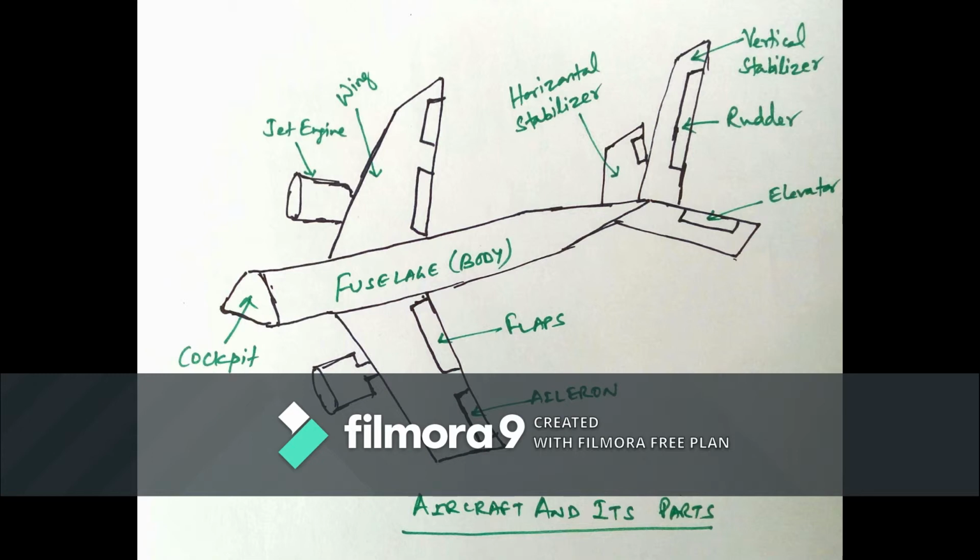For example, suppose this aileron is on the left wing structure. If this aileron is moving up, and the aileron in the right wing structure is moving down, what will happen?